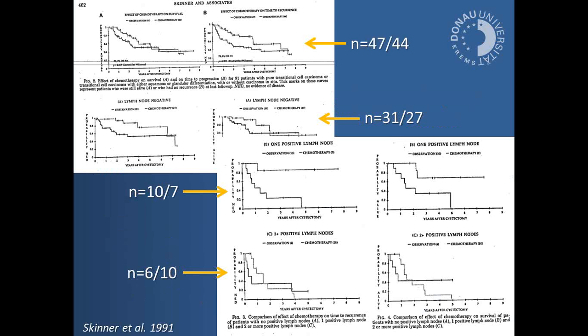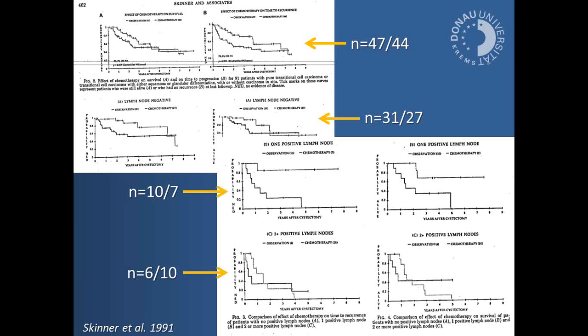This is an example of muscle invasive bladder cancer. This is just to illustrate. It was a small study, but this is really common, and I saw it a lot in oncology. We have a small study with altogether 91 patients, randomized to 2 groups. One got adjuvant chemotherapy, and one was just observed.